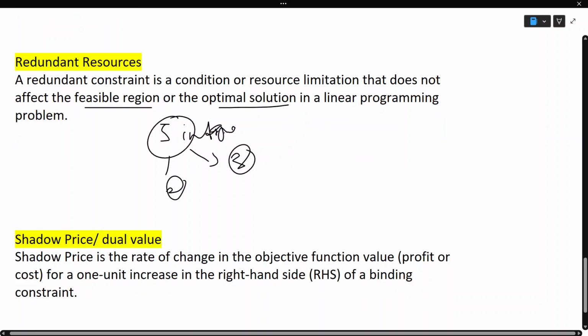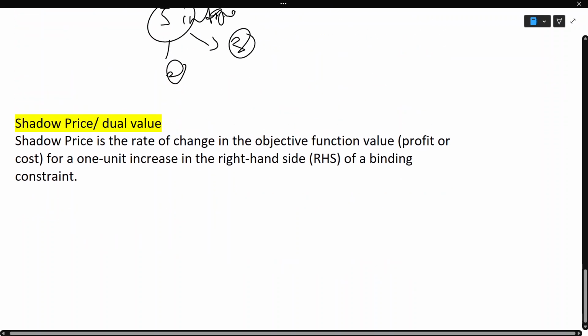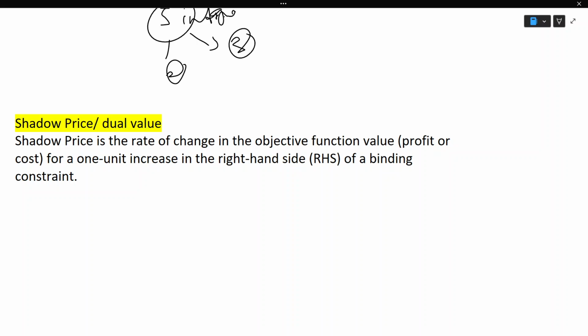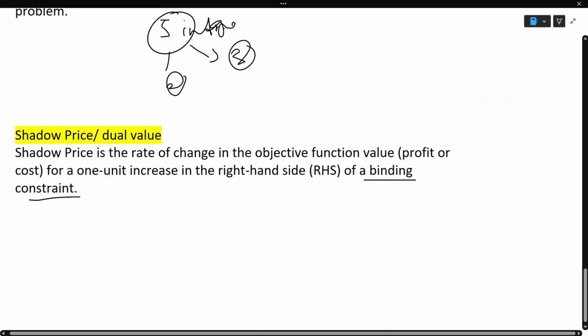But one last thing, that's shadow price. What's shadow price? Shadow price is basically the rate of change of the objective function for a 1 unit increase in the right hand side of a binding constraint. Shadow price only applies to binding constraints; if the constraint is not binding, it doesn't apply.